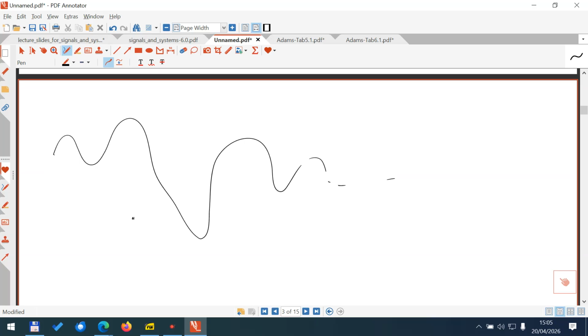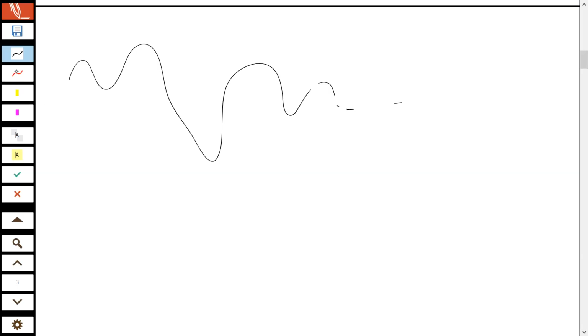That's not the point. And now I use sampling to discretize it. So what will I do? Let me use a different color. Let's say I pick a value here, and I pick a value here, and here, here, here, here. And now I store these values, right?